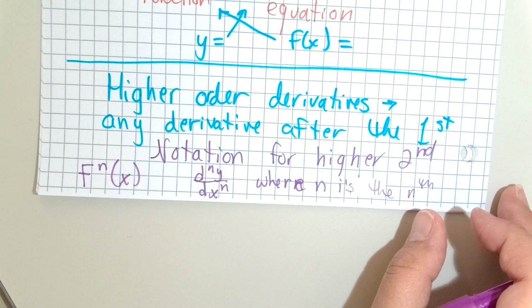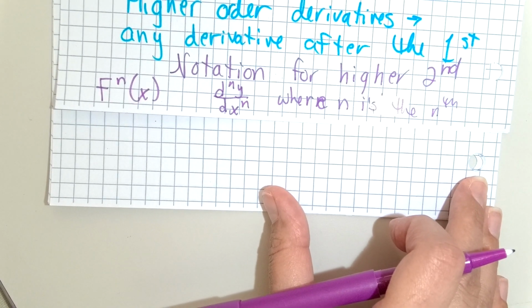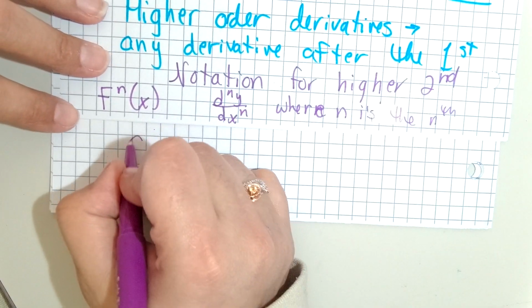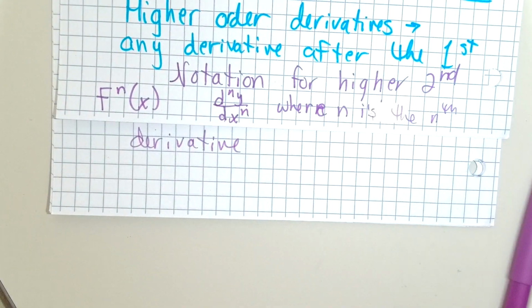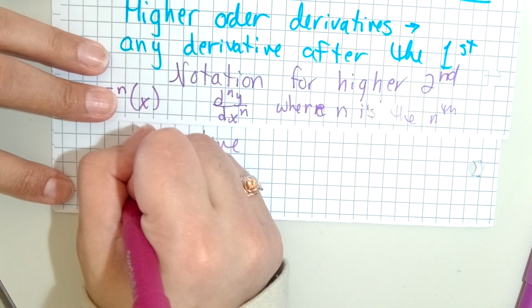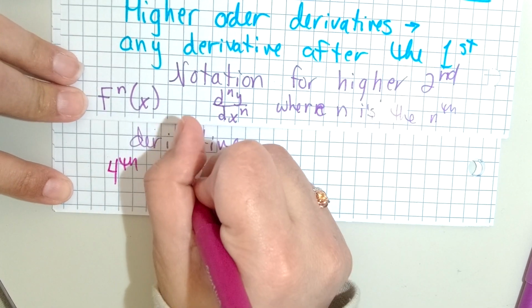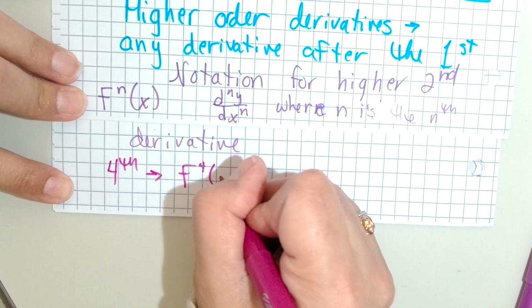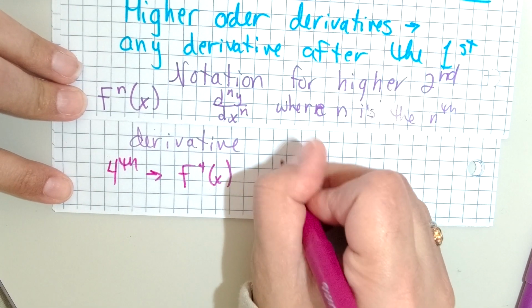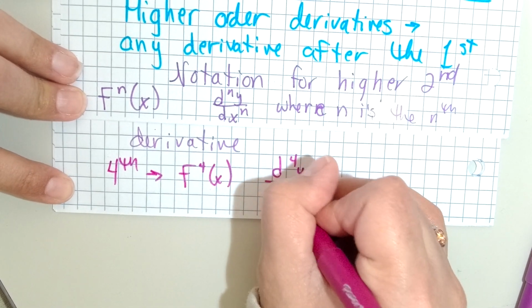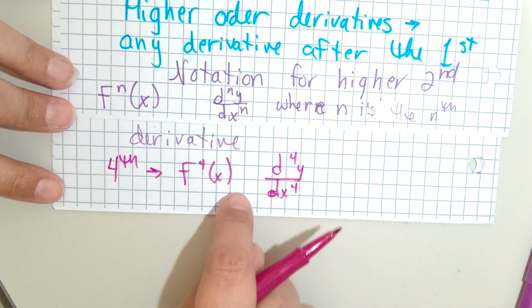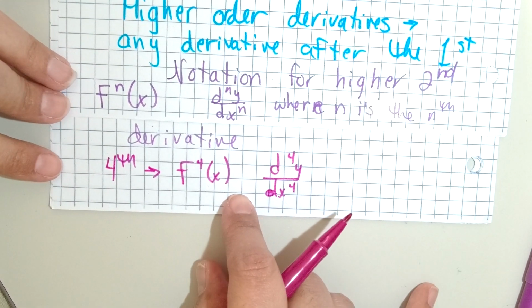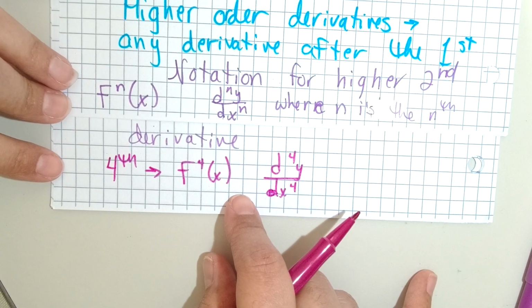I'm gonna have to write on another piece of paper. So for example, if it's the fourth derivative, it will be f fourth derivative of x, or d^4 y over dx to the fourth. These are the only two you can use if it's greater than 2.